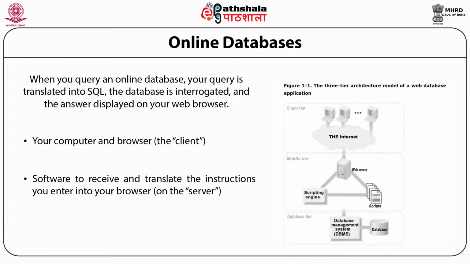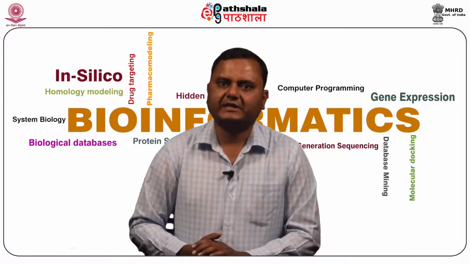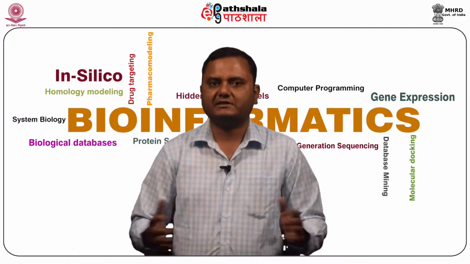So you can see here that there is a database management system which converts your query into machine-level language, and then through a particular script it gives you information in your desired format. This is mostly the RDBMS, whose purpose is to store the data and give it to you in the desired format.